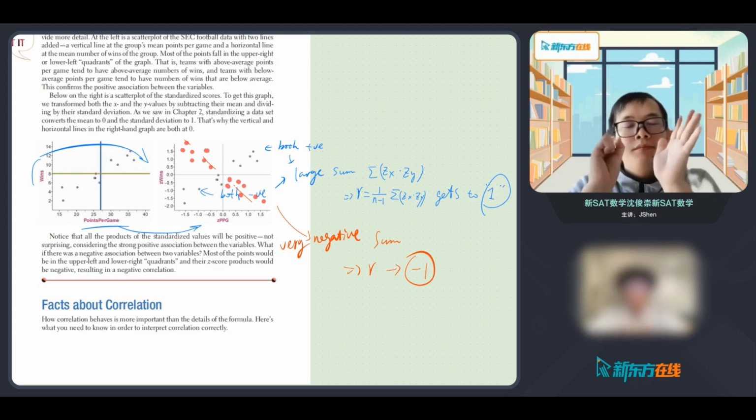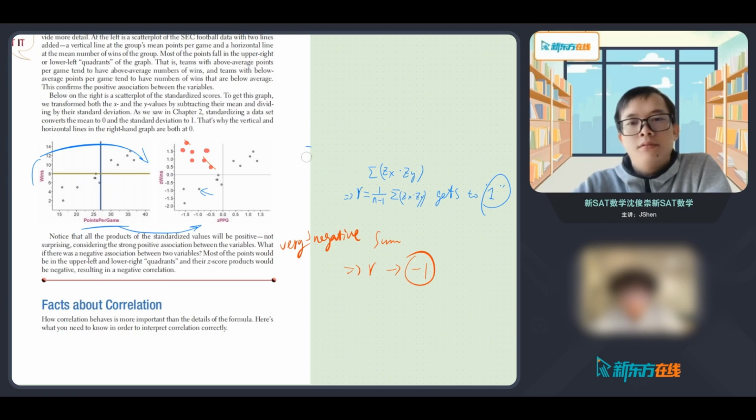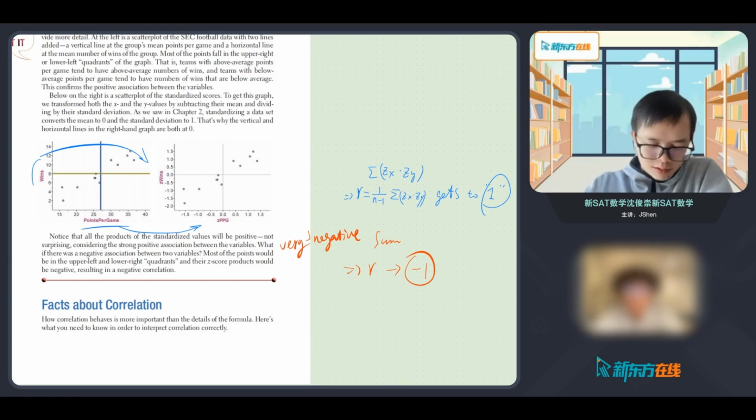All right. Now, what if we have a distribution like this? Can I erase all these? Okay, if I do this, we have something like this. In this case, we have a sum very close to 0.